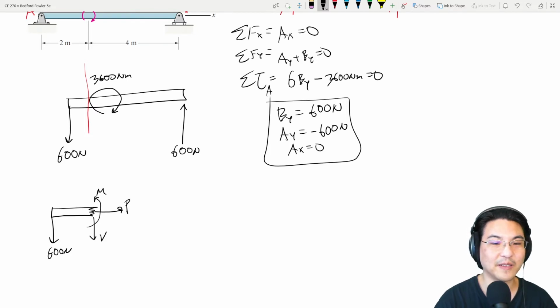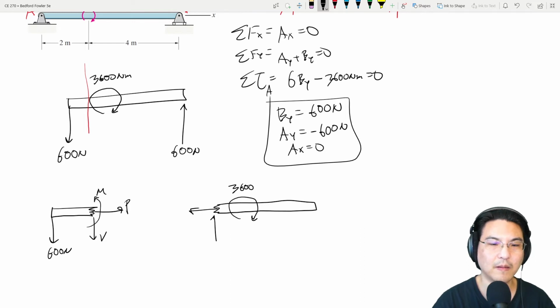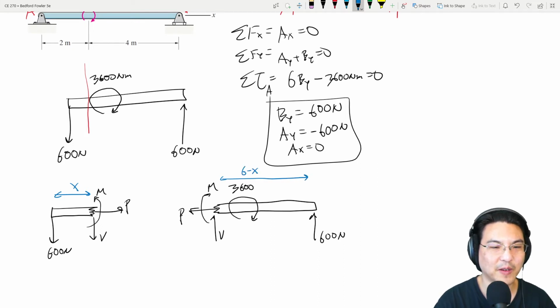And then the right section will always look like this, for any choice of X between, and then this would be 6 minus X, right? For any choice of X between 0 and 2.